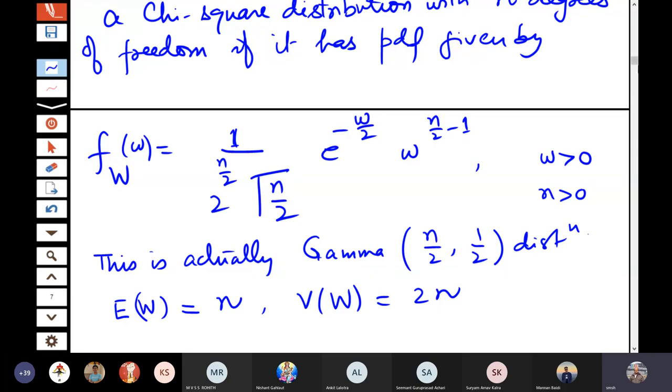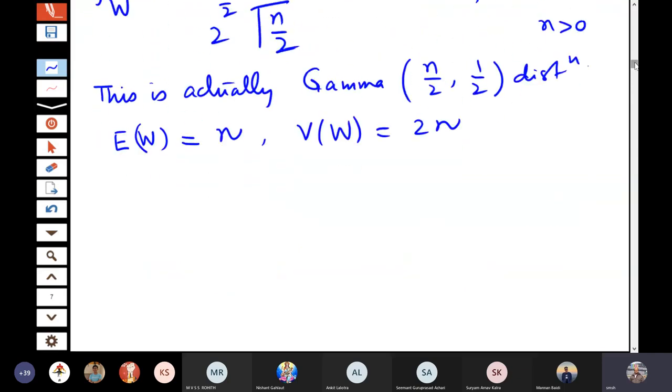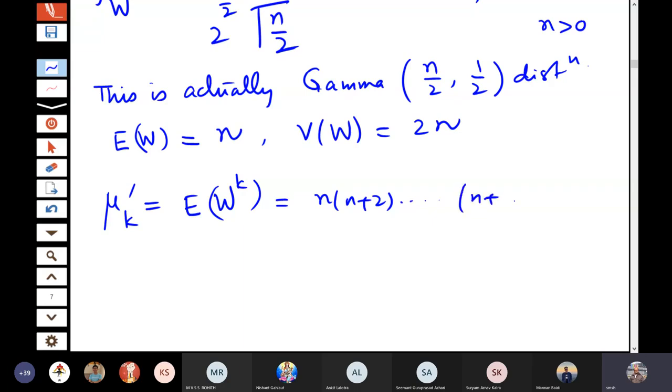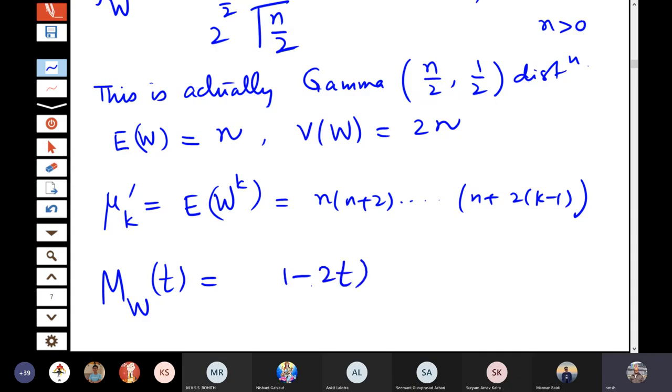Let us also look at some of the other important things, because for the gamma distribution we have already derived all those things. What is the kth moment, for example? That will become n into n plus 2 and so on, up to n plus 2 into k minus 1. And what will be the moment generating function? 1 minus 2t to the power minus n by 2, where t is less than half.